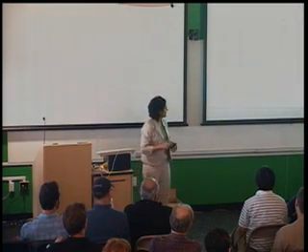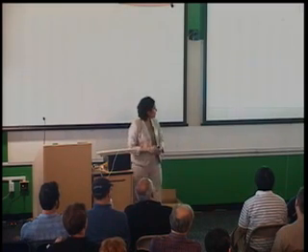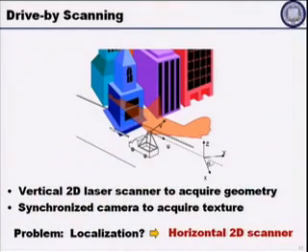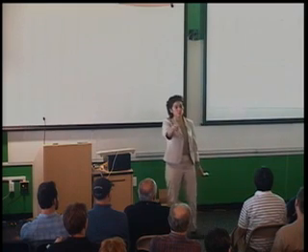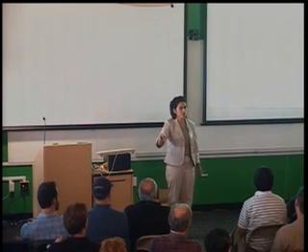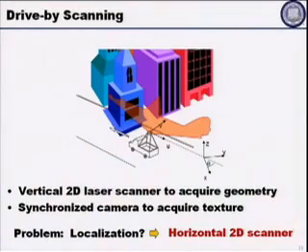And that's not a terribly easy problem. And the way to solve this localization problem is to use a horizontal laser scanner and successively match horizontal laser scans in order to deduce the movement of the truck so that we can then stack these vertical scans at appropriate distance from each other. And synchronized with all of these things is a camera that acquires texture together with the laser scans as we move along.